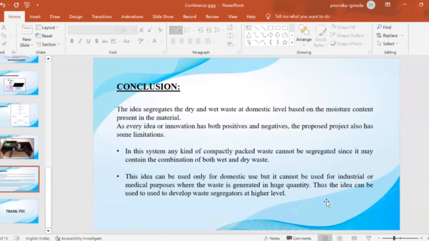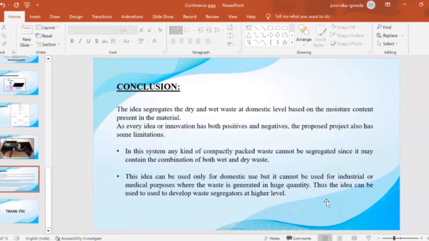Coming on to the conclusion, the idea of the segregation of dry and wet waste at the domestic level based on the moisture sensor is presented in this material. The idea is very innovative, but there are also some positives and negatives in this proposed project. Some of the limitations are that the waste cannot be compactly packed and put into the dustbin for the segregation of dry and wet waste.